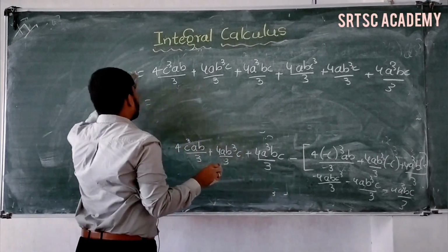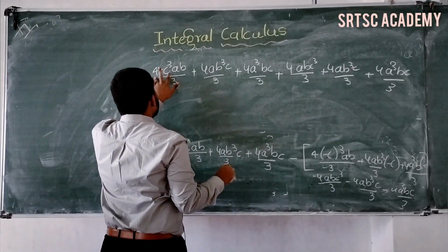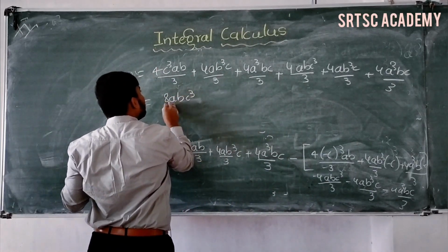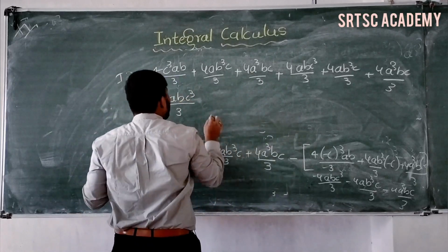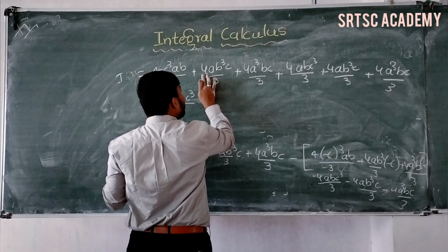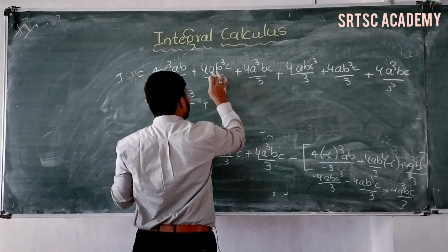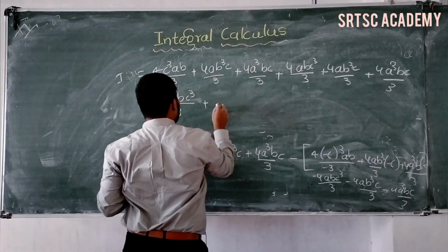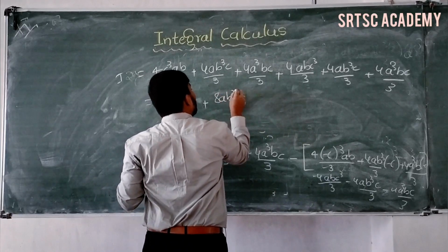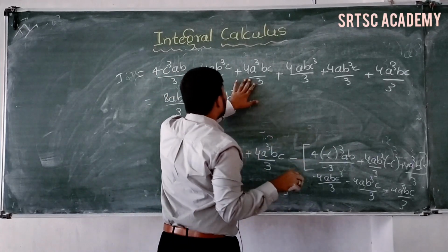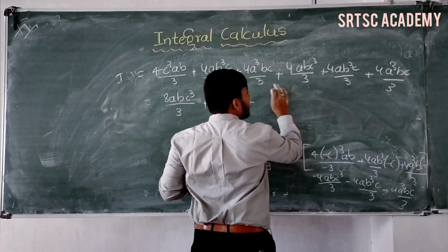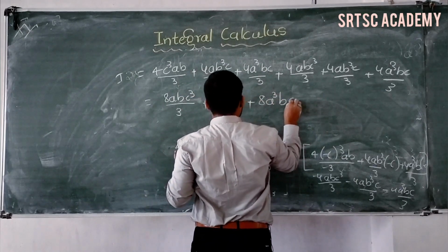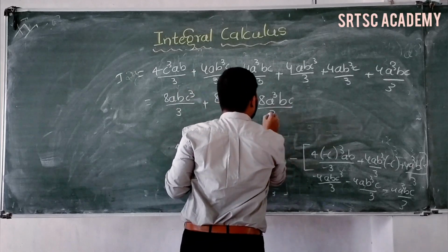Now we have to do simplification. 4abc³ plus 4abc³ becomes 8abc³ divided by 3, okay, plus 4ab³c/3 plus 4ab³c/3 becomes 8ab³c, then 4a³bc/3 plus 4a³bc/3 becomes 8a³bc, right, divided by 3.